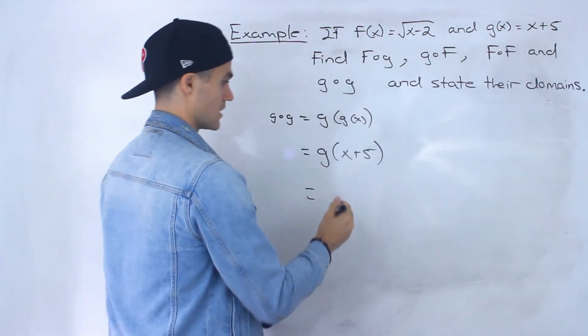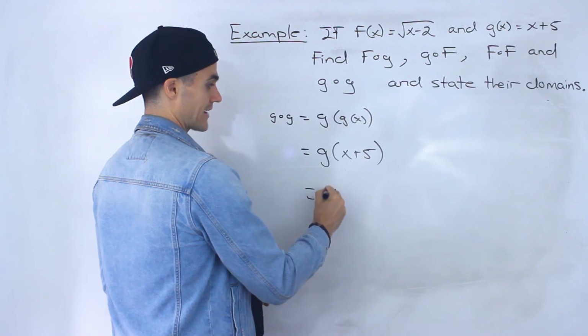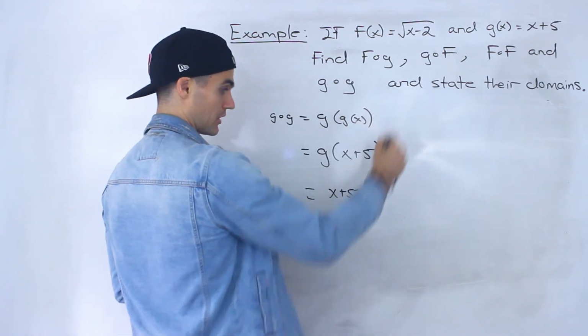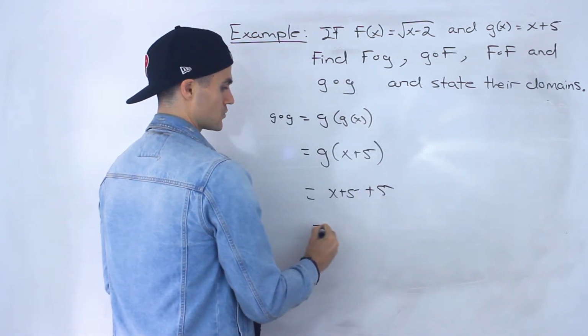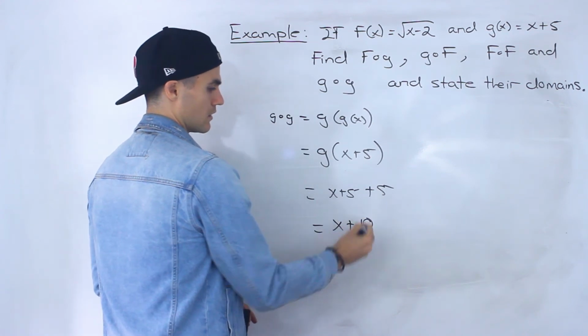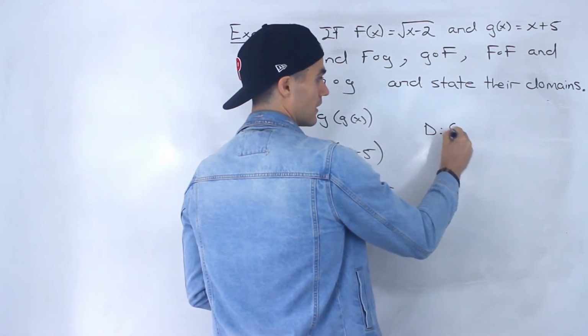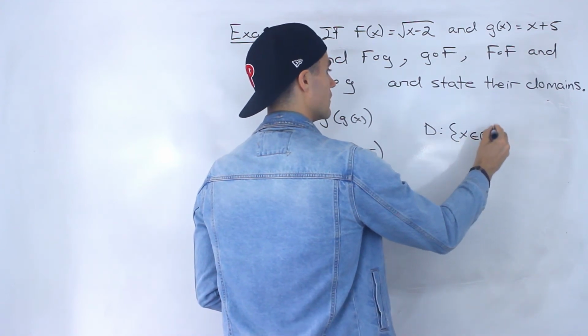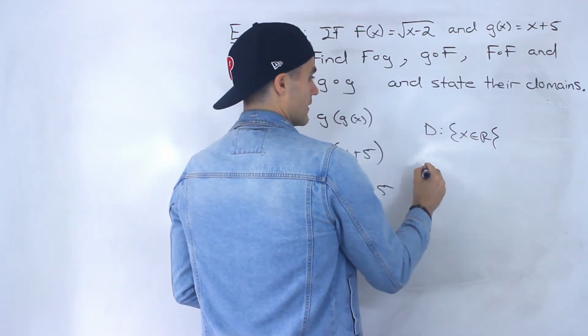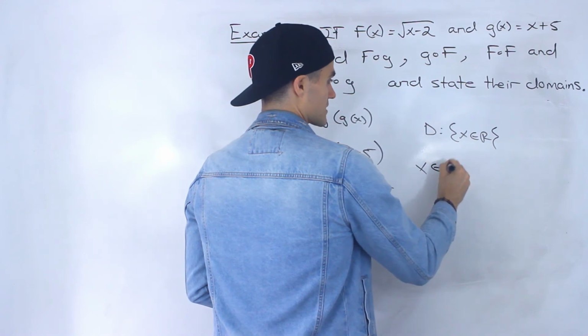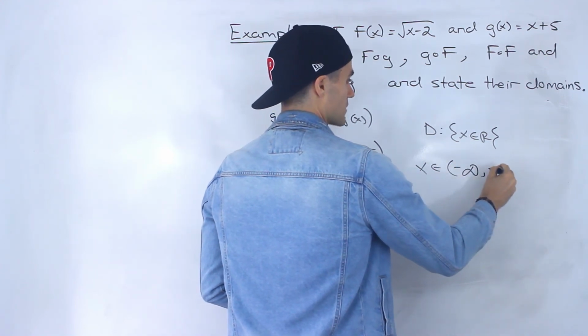So this would just end up equaling x plus 5, that expression, plus that 5, which would just be x plus 10, which is just a line. And so we know the domain is all real numbers. And in interval notation, it would be x is an element from negative infinity to positive infinity.